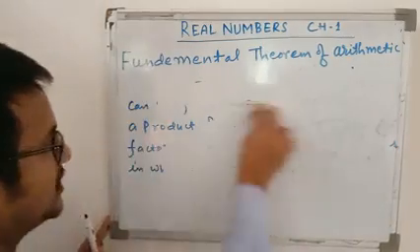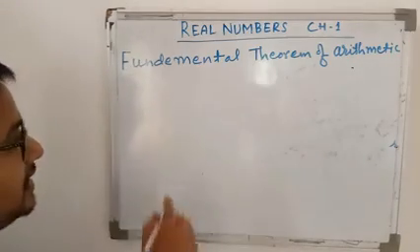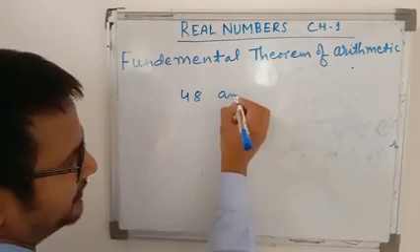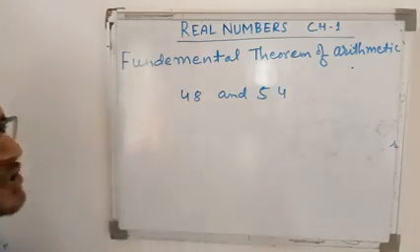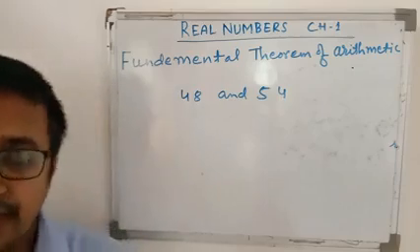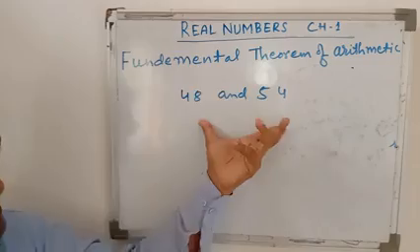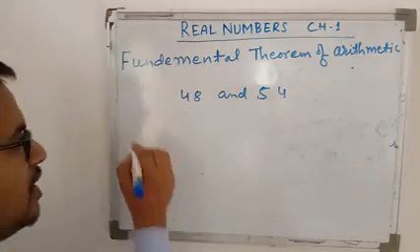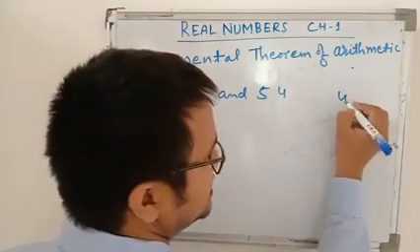Now, I am giving the example of 48 and 54. These are two different composite numbers, so you can express them as a product of primes by the fundamental theorem of arithmetic. How? 48, you did this in your previous classes.